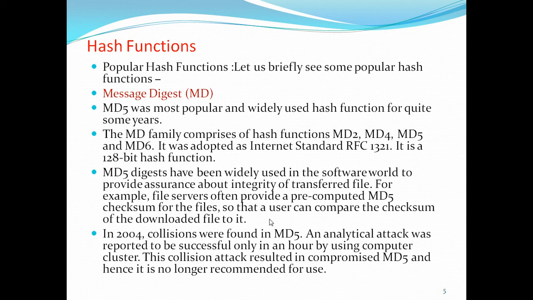Like that example, right? In 2004, some collisions were found in MD5, which means some people attacked it. Collisions means an attack. An analytical attack was reported to be successful in only an hour by using a computer cluster. A cluster means a network, a set of systems. It is nothing but a compromised MD5, hence it is no longer recommended for use.